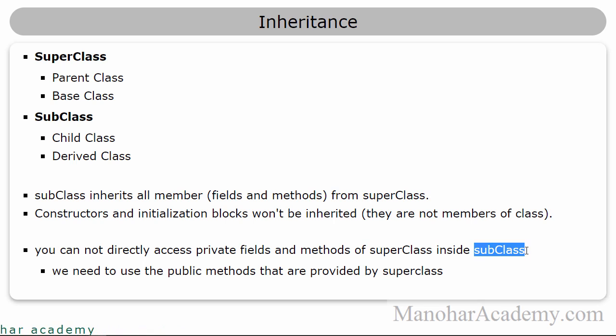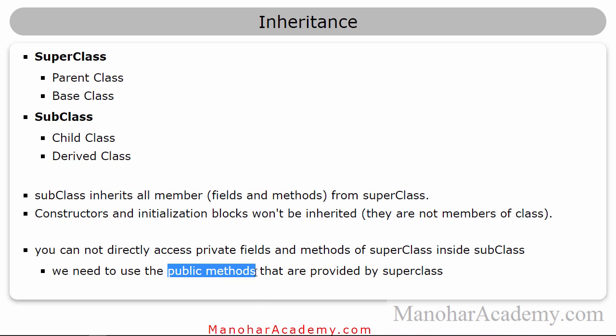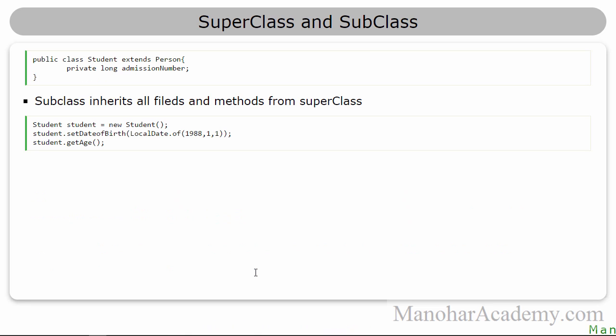So in the student class, we cannot directly access the first name, last name, middle name, or whatever private fields the superclass has. We have to use the public methods provided by the superclass. So I cannot set student dot date of birth equal to so and so, because of course I am outside the class.